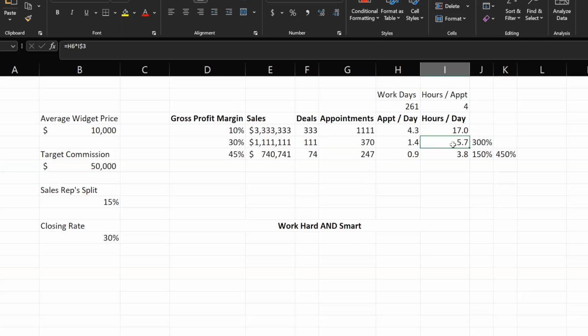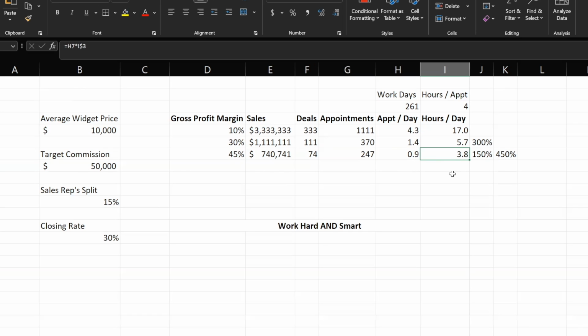And then if we go even further, if the gross profit margin of what you're selling is 45%, then you only have to sell 740,000 or 74 deals, which means you would only have to run 247 appointments. Sorry, you would have to work barely one appointment per day, which equates to almost 4 hours per day.